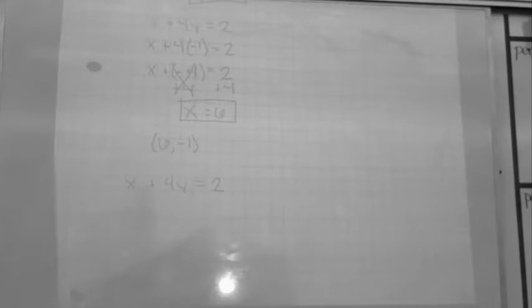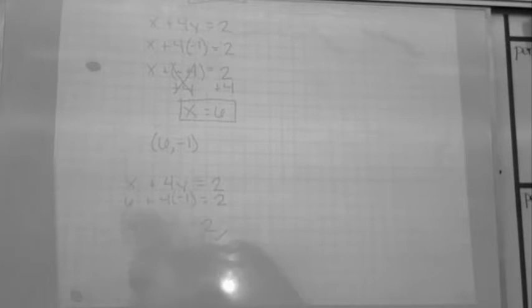When I plug these values in, x is equal to 6, plus 4y is equal to negative 1 equals 2. I get 6 minus 4 equals 2. And when I calculate that out, I get 2 equals 2. That is correct.